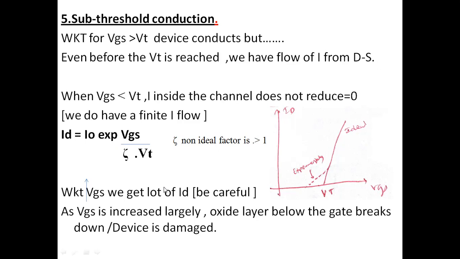Because even though I can achieve more drain current as I increase the gate voltage, if I just keep on increasing the gate voltage, the oxide layer, the SiO2 layer right below the gate, will break down. Hence the device can get damaged. Hence we should have appreciable application of the gate voltage so as to have enough drain current.